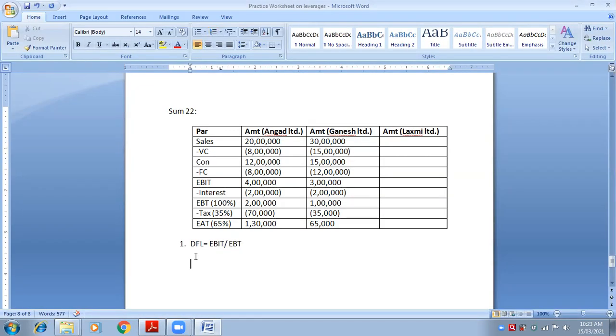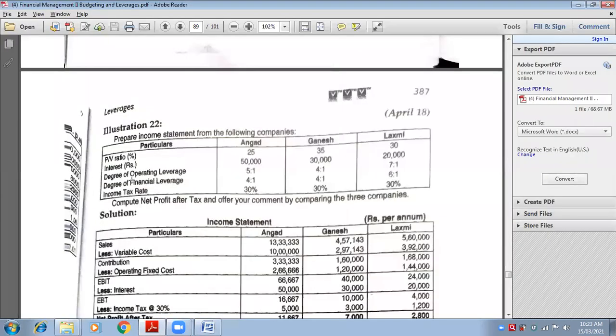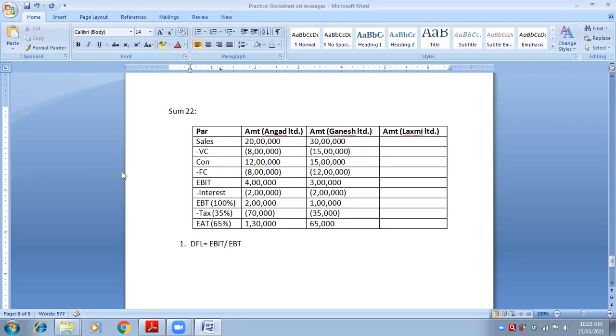Same that way, first question we have solved, this type of question where interest was given. You remember? So we will write here DFL is equals to EBIT divided by, instead of writing EBT, can we write EBIT minus interest?